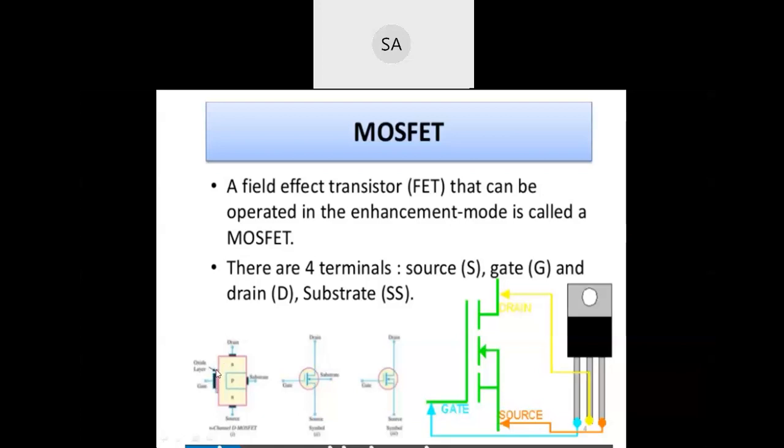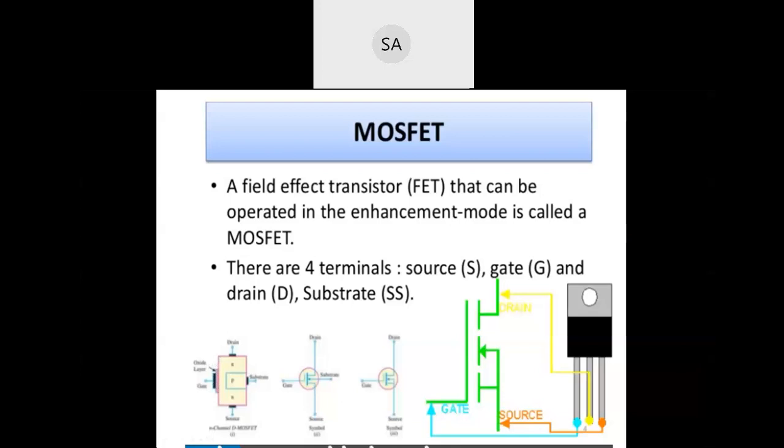So we have one oxide layer, and on that a gate is deposited. As silicon dioxide is an insulator, the gate is insulated from the channel. So this gate is isolated from the channel. For this reason, MOSFET is sometimes also called an insulated gate field effect transistor, IGFET.